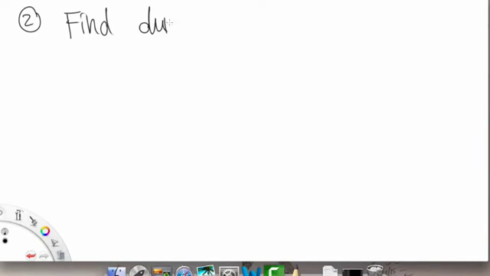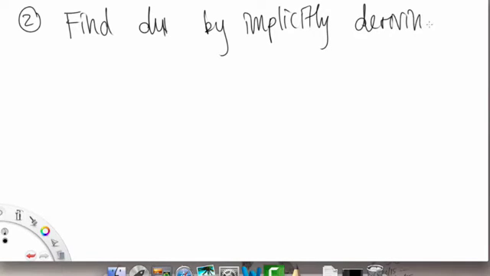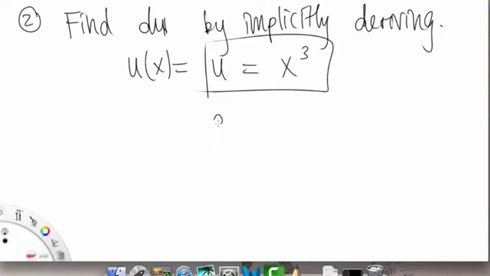So this is the differential with respect to u by implicitly deriving, okay? And what I mean by that is we're going to take our function, or our u of x, also known as u, and we're going to differentiate with respect to u on this side and x on this side. So we're going to get du is equal to 3x squared dx, okay?